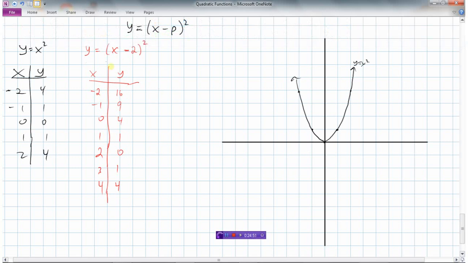So when we make it x minus 2, we couldn't plot that point, but we can do this one. When x is negative 1, y is 9. 1, 2, 3, 4, 5, 6, 7, 8, 9. Fits up there. 0 is 4. 1 is 1. 2 is 0. 3 becomes 1. 4 becomes 4.